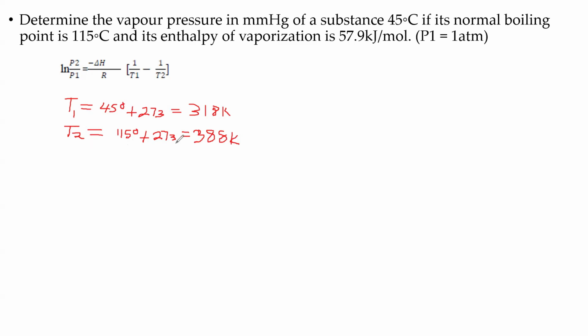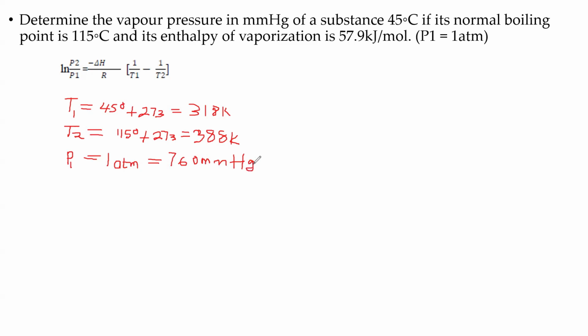And our P1 is equal to 180 M. Remember, this is equivalent to 760 millimeters of mercury.